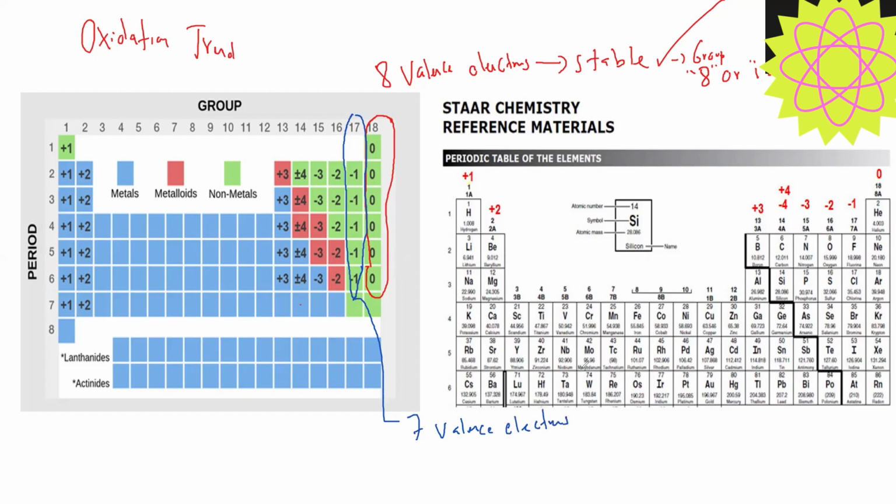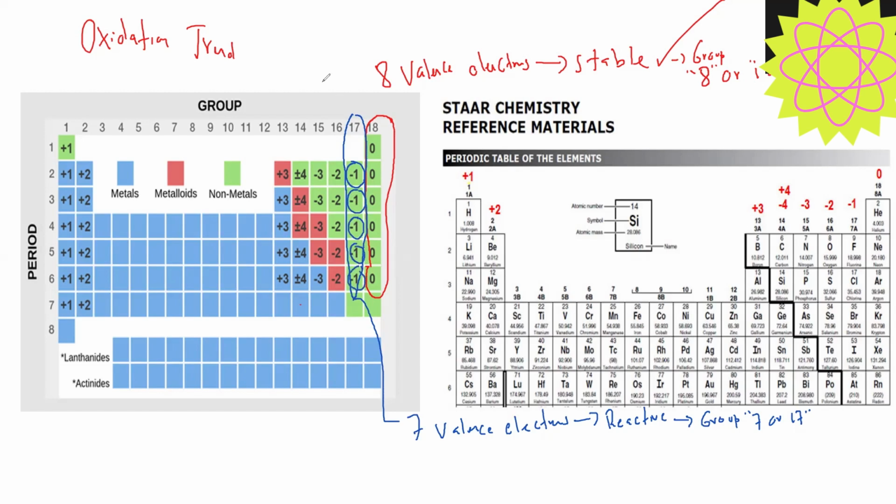Question, are they stable or not? No, they are reactive, no? Okay, what is the group that they are in? That is right. So that's why we say that their oxidation number is -1.